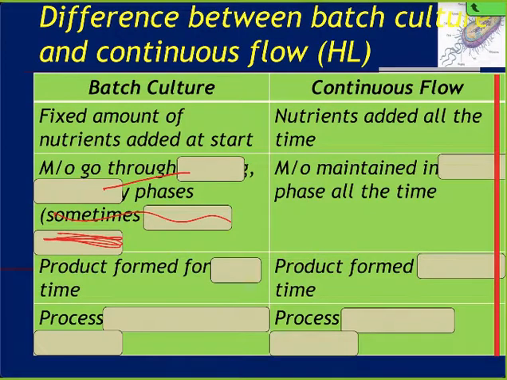So microorganisms go through phases, microorganisms maintained in... What do we think? Any takers? Log phase. So which one is the log phase one? Batch or continuous flow? Continuous flow. Okay, and what would we put in then for batch?